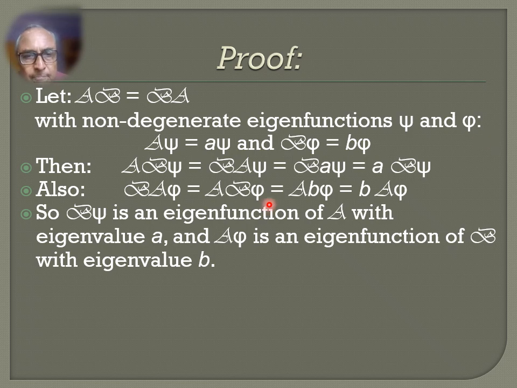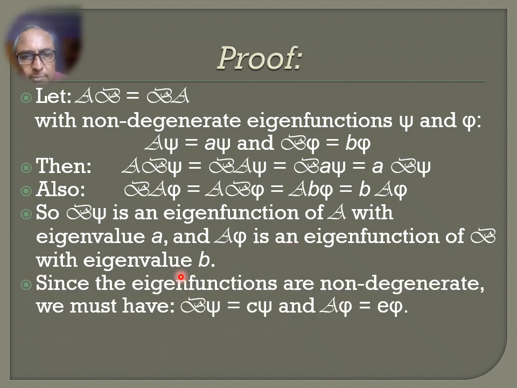In other words, B psi is an eigenfunction of A with eigenvalue small a, and A phi is an eigenfunction of B with eigenvalue small b. Therefore, by using the earlier theorem, since the eigenfunctions are non-degenerate, the eigenfunction B psi has to be the same as psi or just a multiple of psi.